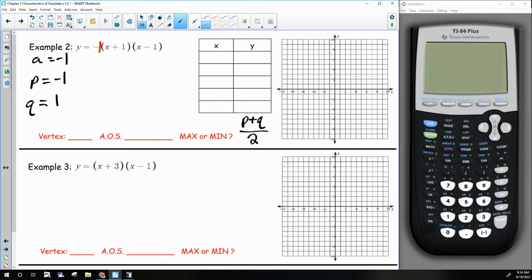So let's add P and Q. -1 plus 1 divided by 2. -1 plus 1 equals 0. 0 divided by 2 is definitely 0.